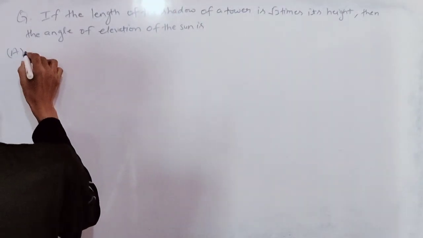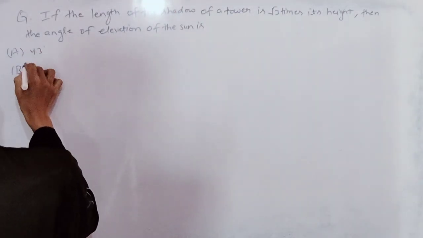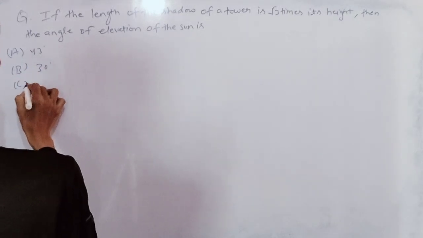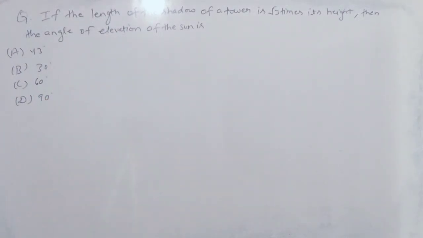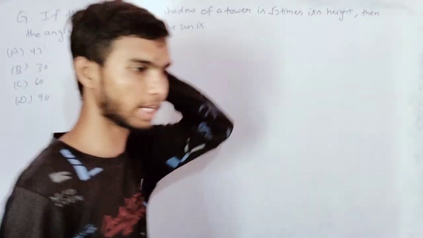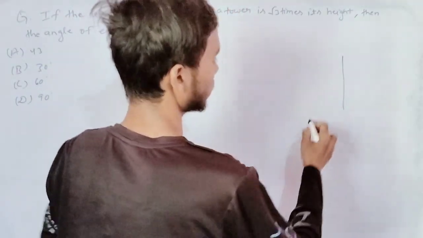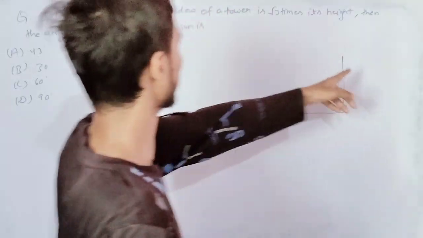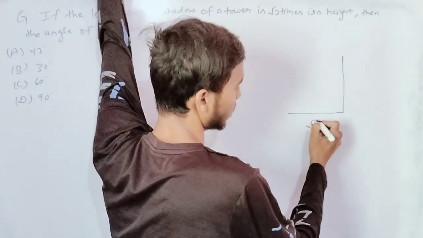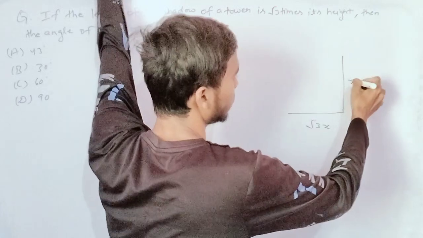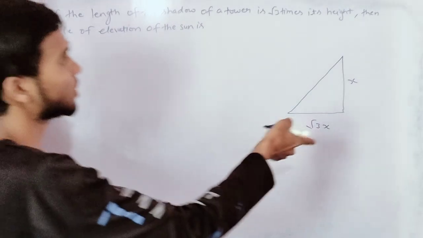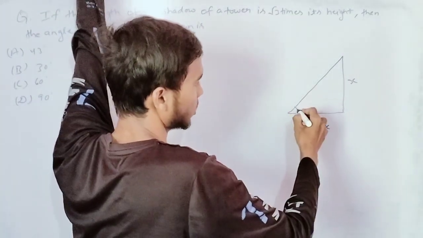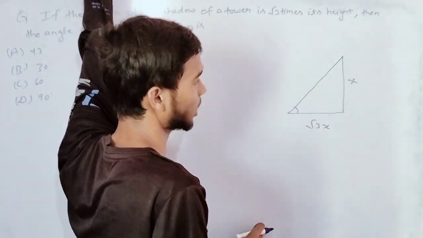This is the complete question, 43B. The question is asking, if the length of the shadow of a tower is root 3 times its height, and we will consider the height as x value, then what is the angle of elevation of the sun?